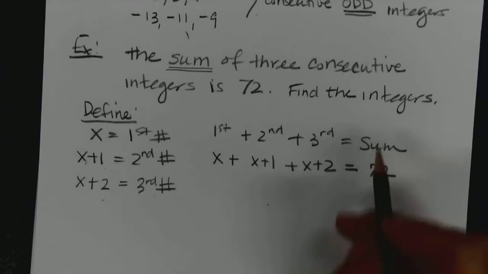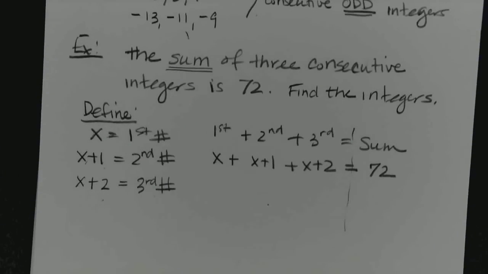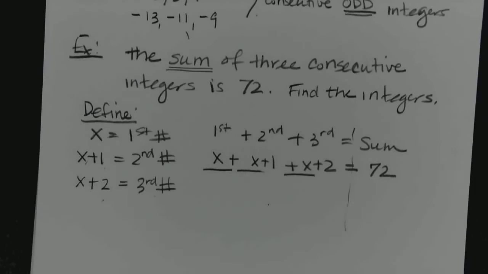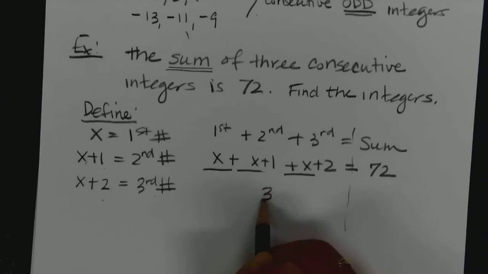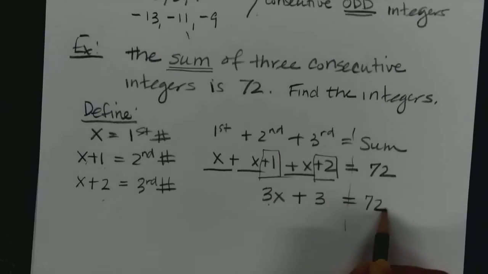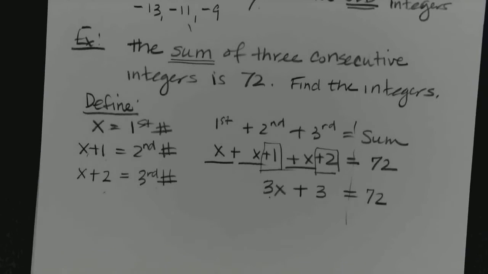Here's my equal sign. X plus x plus x gives me 3x, and then plus 1 plus 2 makes it plus 3 equals 72. Okay?